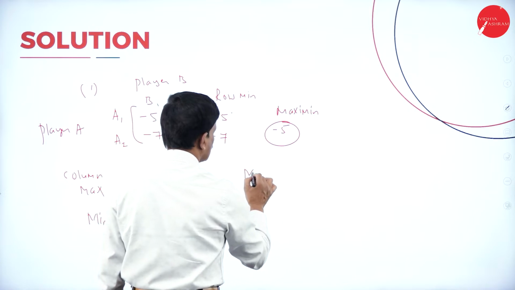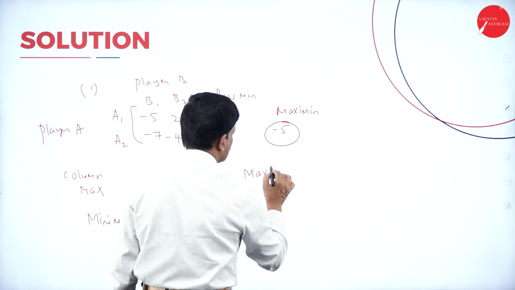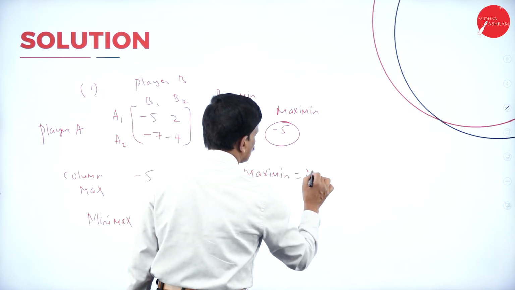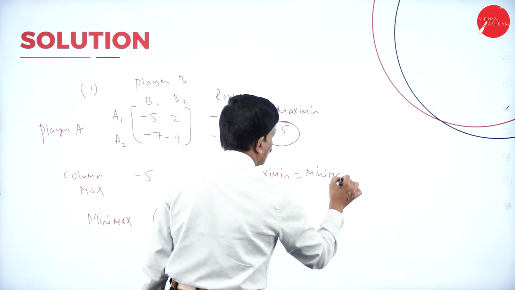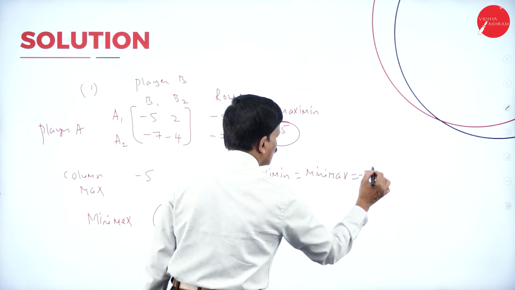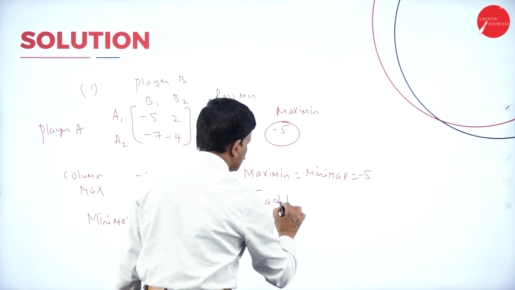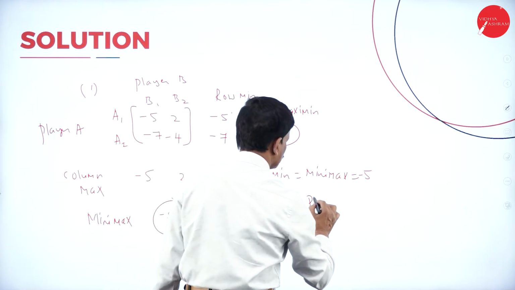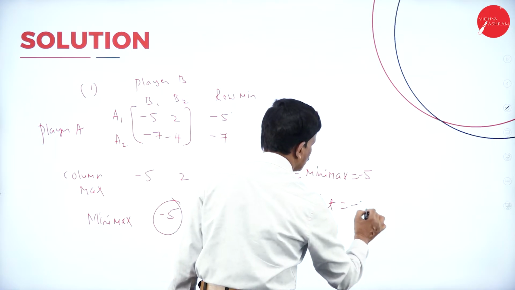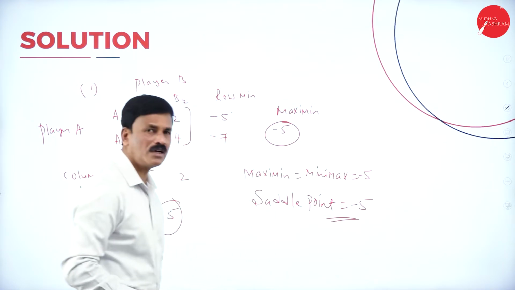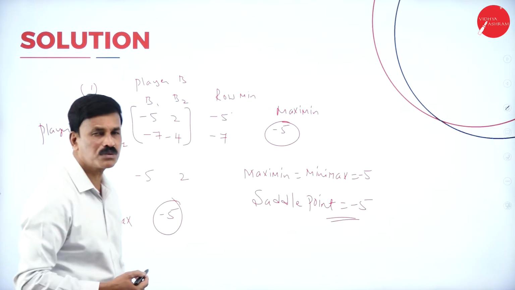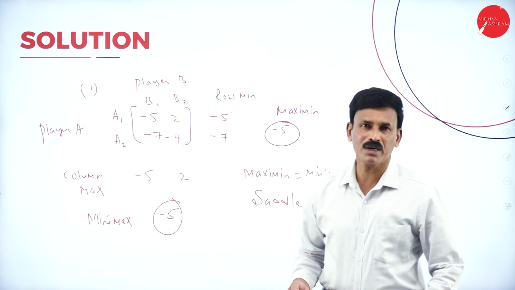That means maximin is equal to minimax, which is -5. So the value of the game, the saddle point, is equal to -5. This first problem has the saddle point -5.